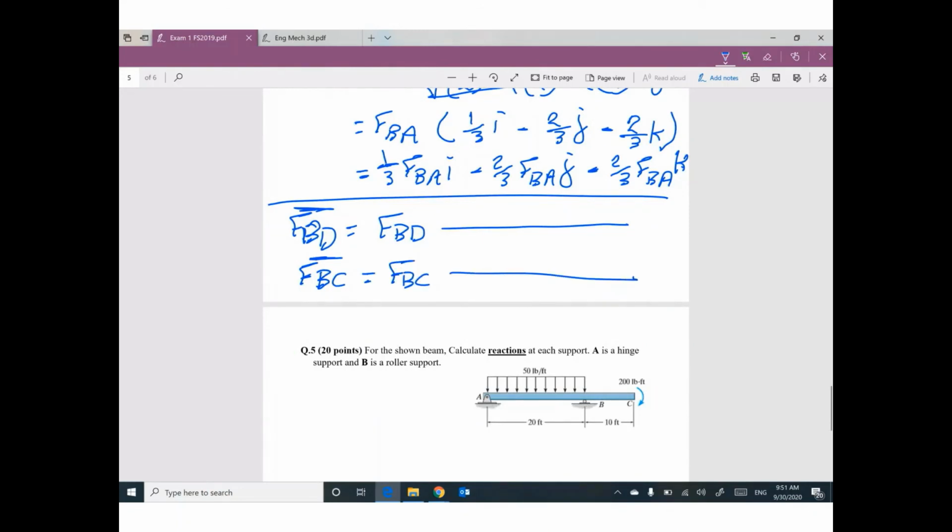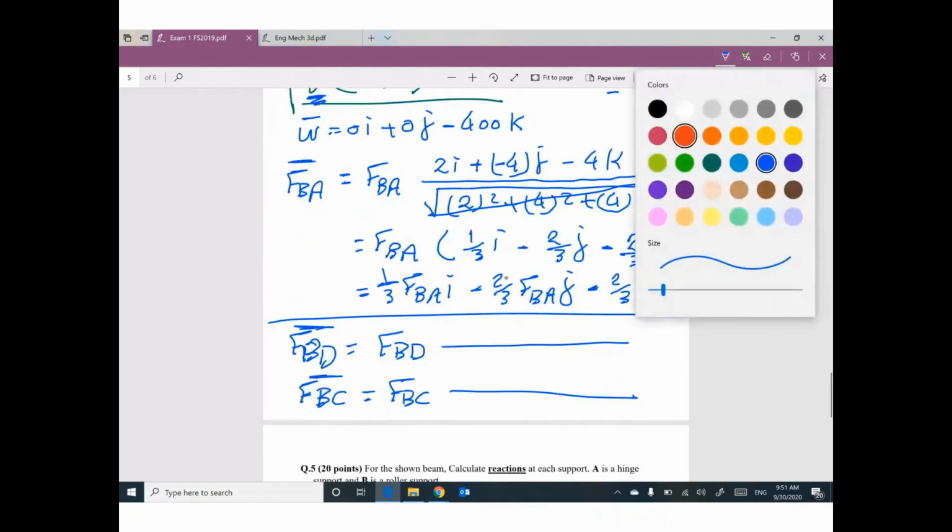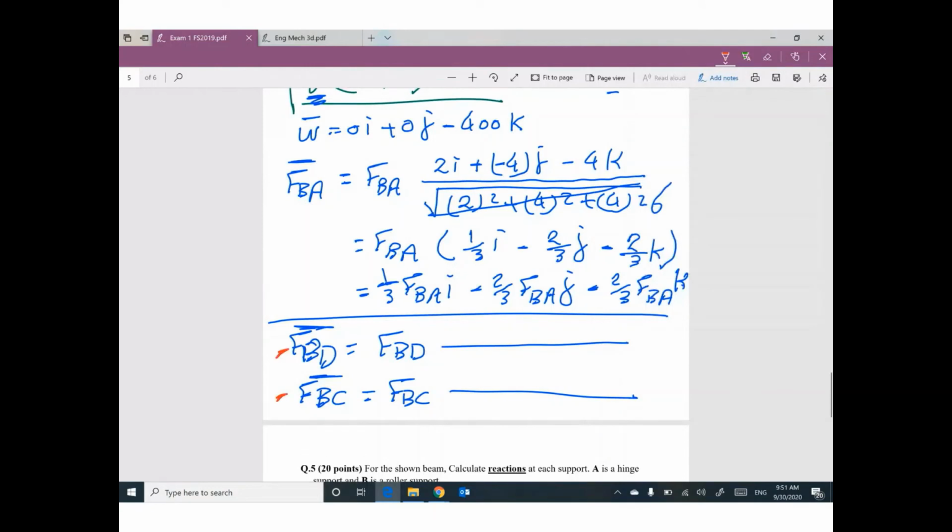So how many forces do you have? We have 1, 2, 3, and 4. And each force has 3 components, X, Y, and Z. And this one also will be X, Y, and Z. And this one will be X, Y, and Z. All of these forces are in equilibrium.